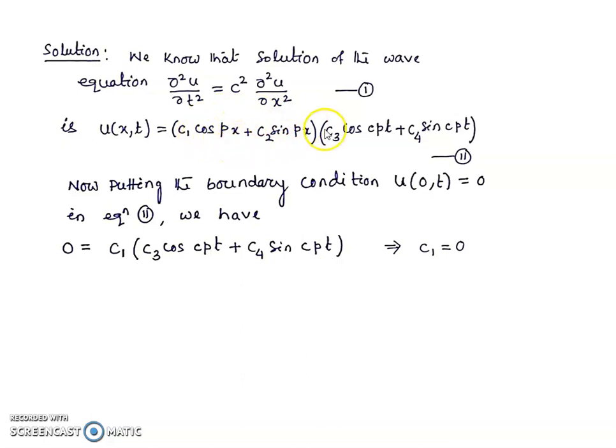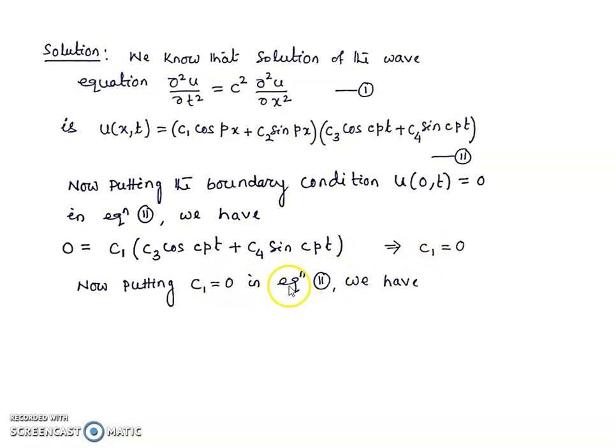So the first term we have only c1 and the second term remains as it is, (c3 cos cpt plus c4 sin cpt). From this equation we get c1 is equal to 0.